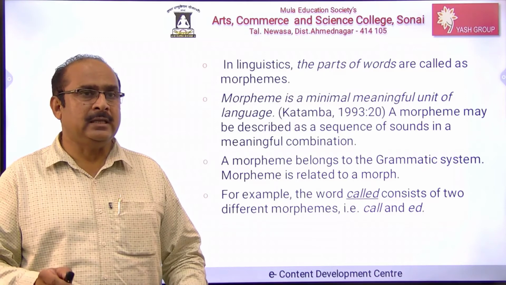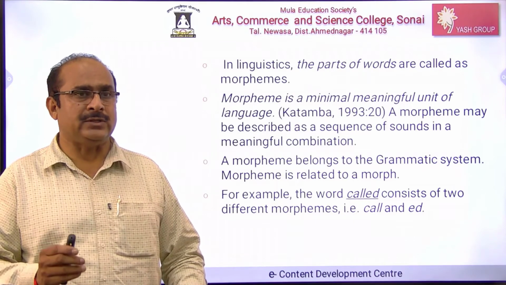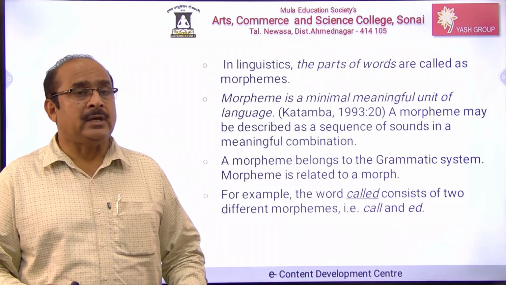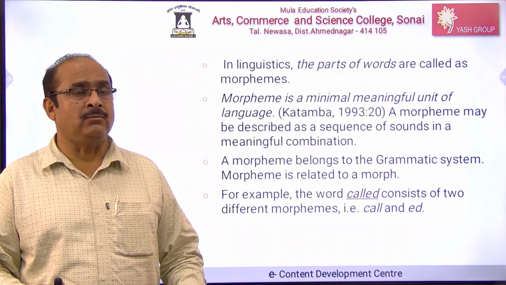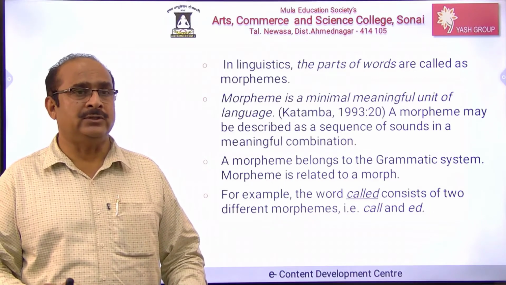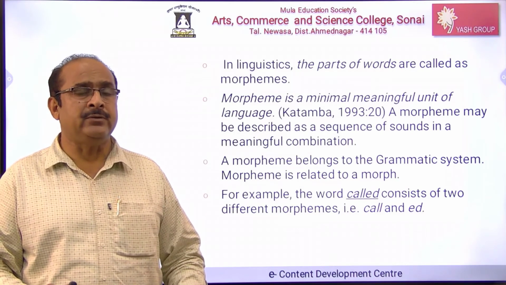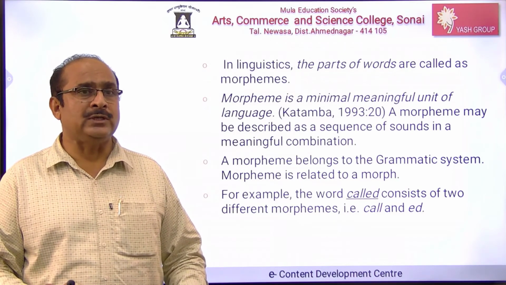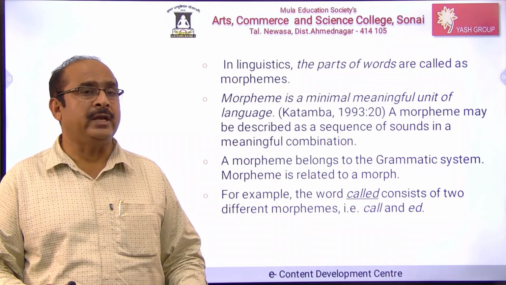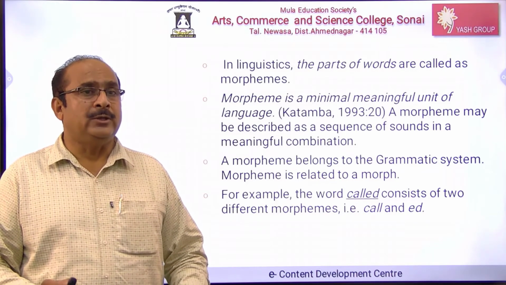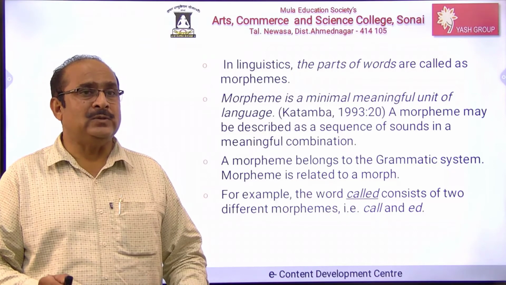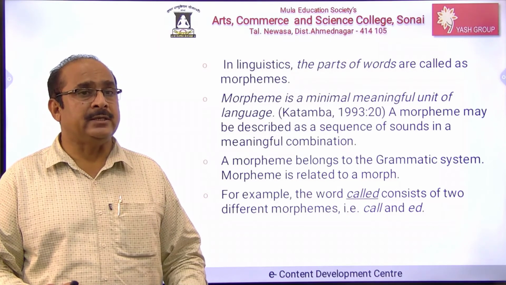So faith is in that sense the smallest, and distinctive. It is different from other parts, other words, other morphemes. So it is a smallest, distinctive, linguistic unit, because it is with the help of this unit that we can count the use of words and the use of language. So in that sense it is a unit.